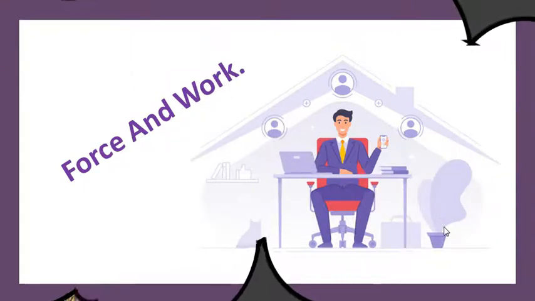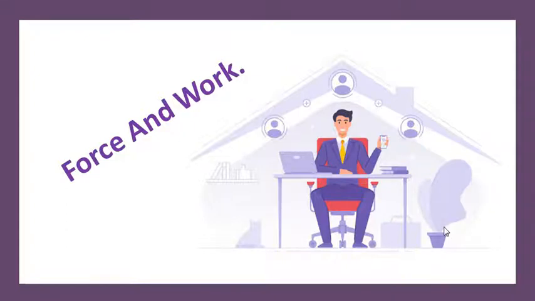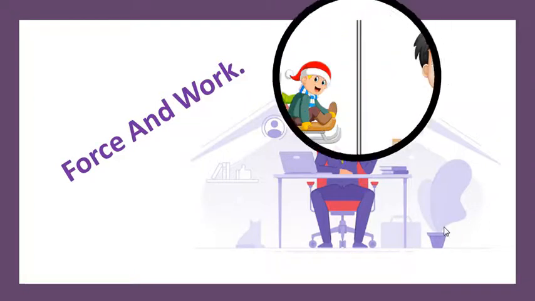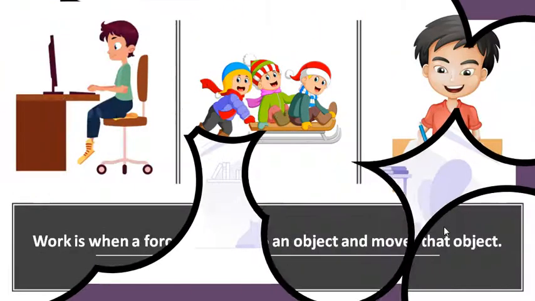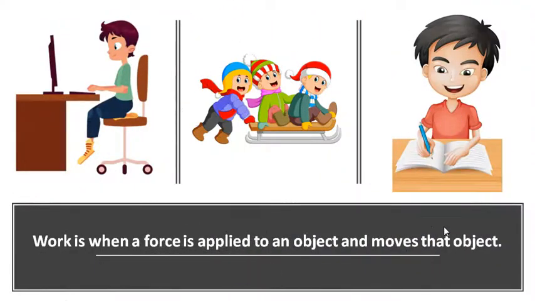Great. Now force and work have a strong relation. When you apply force, then you are able to do your work. Work is when a force is applied to an object and moves that object. For example, look at this image. If you sit at a computer and look at the screen, you are not doing work.